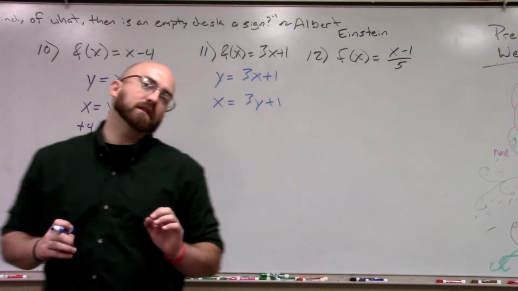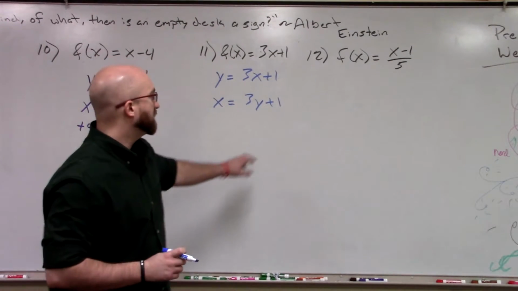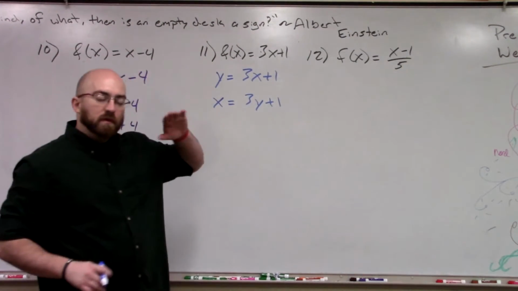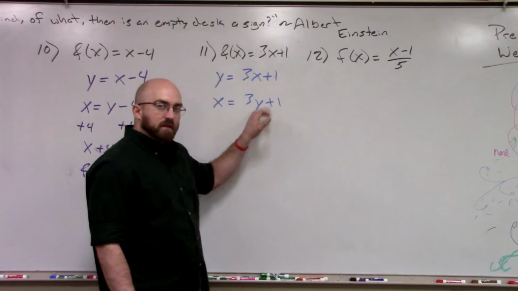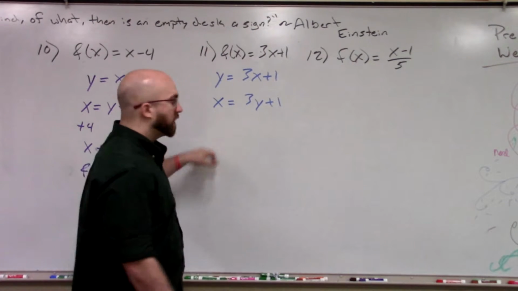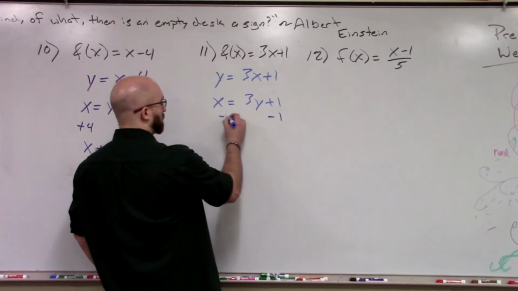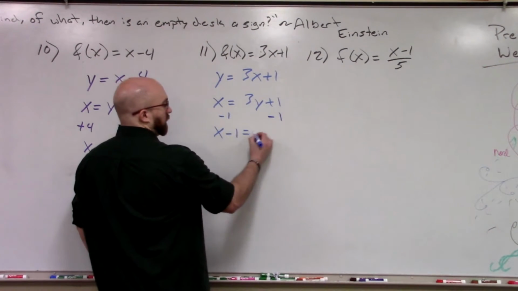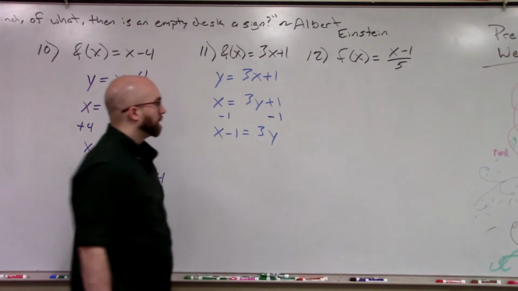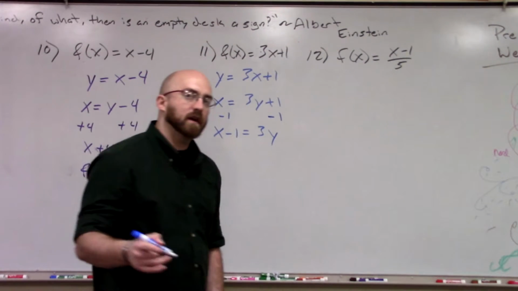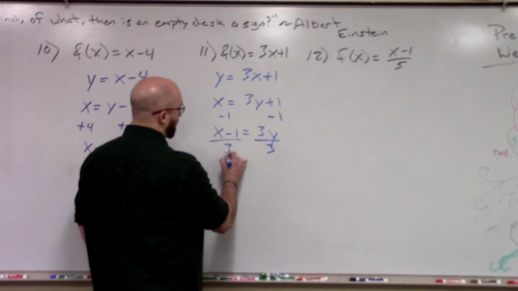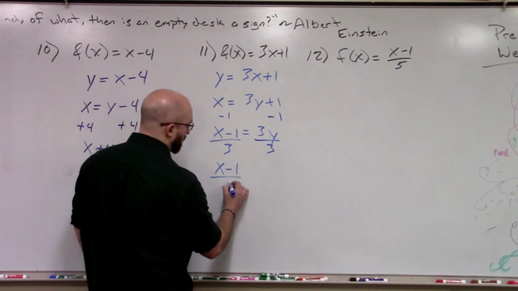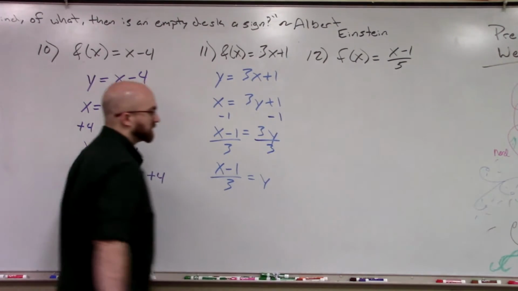That's the wrong thing to do, because if you do that, you have to make sure you divide this 1. The proper thing to do is to get y by itself, including the 3y. So I'm going to move the 1 over. Okay, now we can divide by 3. And when we divide by 3, make sure we divide everything by 3, so we get this.